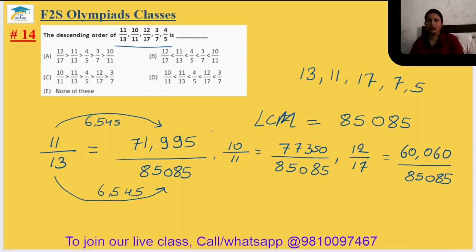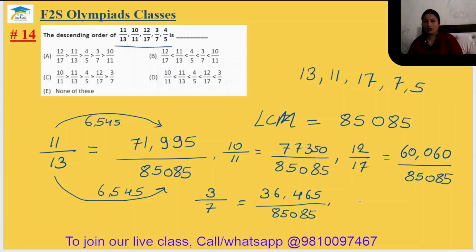Okay, now next number is 3 by 7. Its denominator should be 85,085. When you divide 85,085 by 7, you will get 12,155, and multiply it by 3, so you will get 36,465.